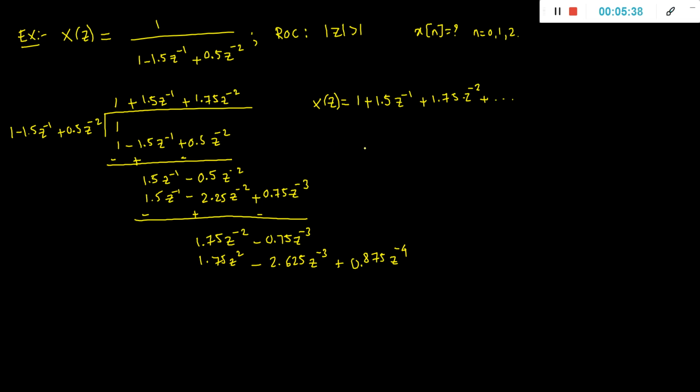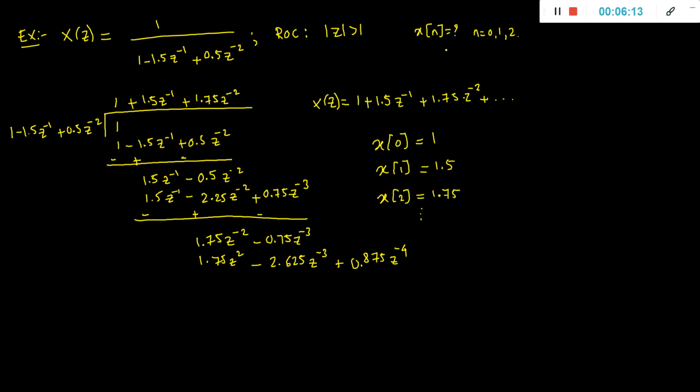So I can very comfortably say that x(0) is equal to 1. Next, the power of z is minus 1. This should correspond to n equal to 1, because the ROC is mod of z greater than 1, which corresponds to a right-sided sequence. So x(1) is equal to the coefficient 1.5. Similarly, for the third term, x(2) is equal to 1.75, and so on.